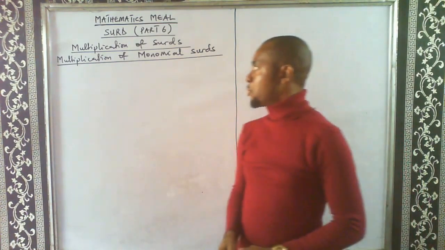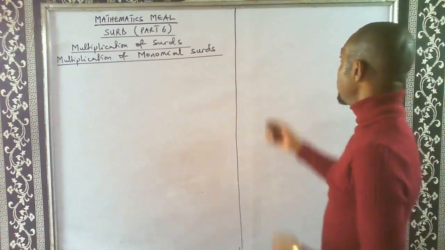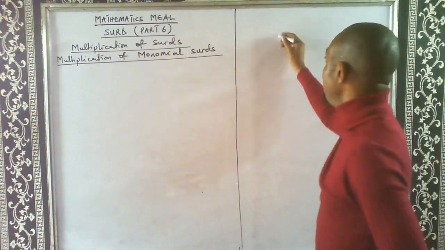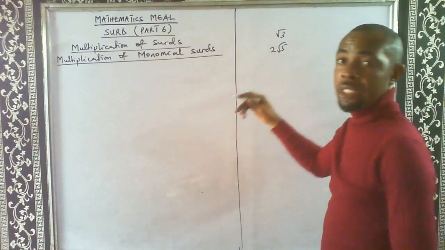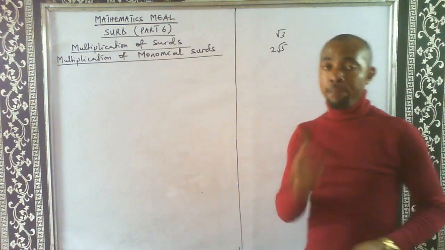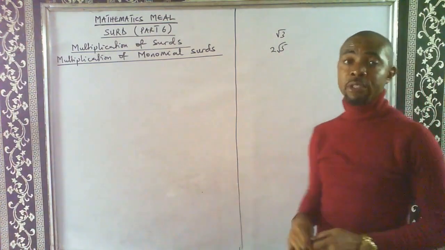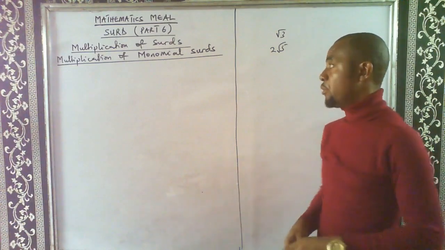Right. Okay. We know that monomial surds are surds that contain just single terms. Like we have root 3 as a monomial surd, 2 root 5 as a monomial surd. So when we have surds in this form, we say they are monomial surds. Part 1 of surds handled the concept of monomial surds and also the concept of binomial surds.